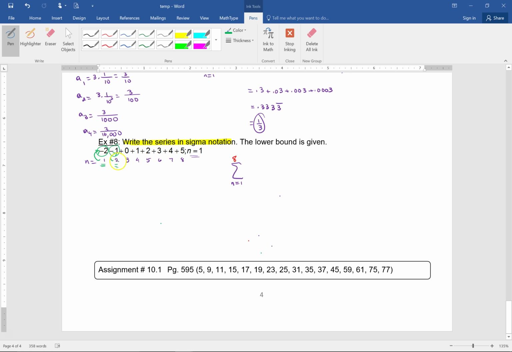If I have a 2, what can I do to it so it's negative 1? If I have a 5, what can I do to it so I get 2? Right? So what do you do each time? You subtract 3. So whatever your value of n is, you subtract 3. So in here, that's what you have to write. It's n minus 3.